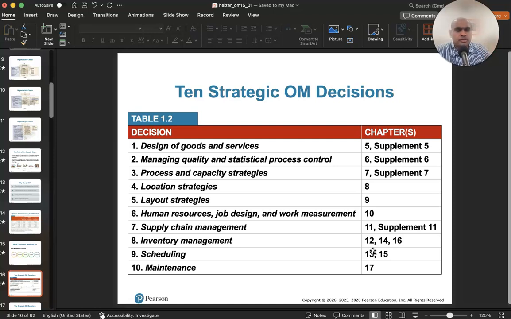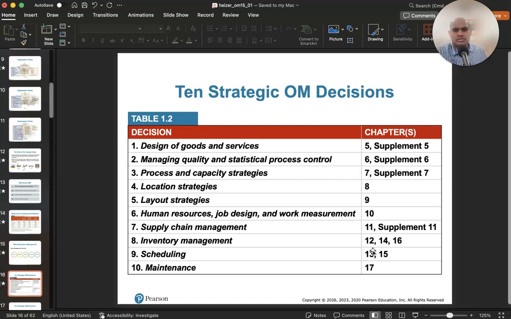So this is the layout in the textbook. I'm not going to spend much time on it, but there are 10 strategic decisions that are part of operations management. One is how you design goods and services. Like I said, the planning part. Then how do you manage the quality of production and also quality of how you serve your customers, right? Then process strategies, location strategies, layout strategies, human resources, work measurement, supply chain management, inventory management, scheduling and maintenance, right?